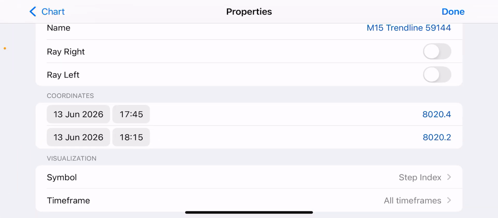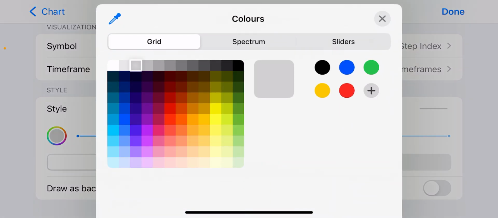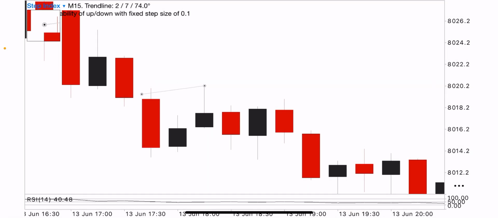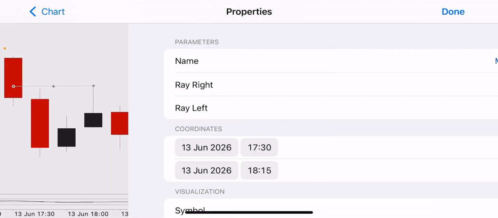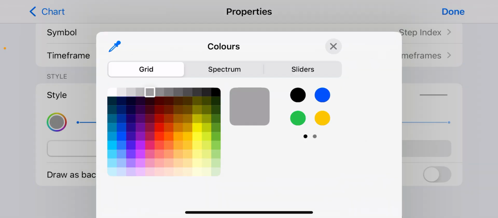Let me change. I use this to teach in my free one month class. You see, this candle actually takes out the high. Let me change that. It's too light. Yeah, I can go with this.